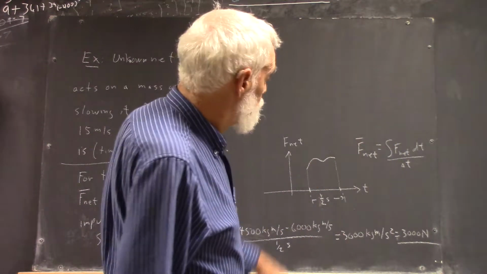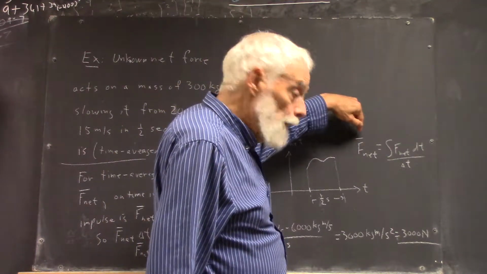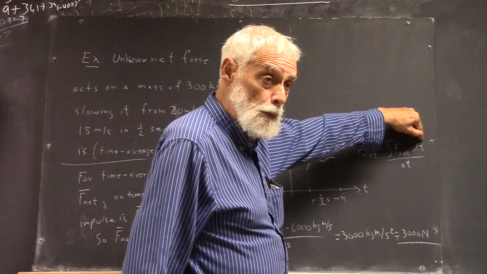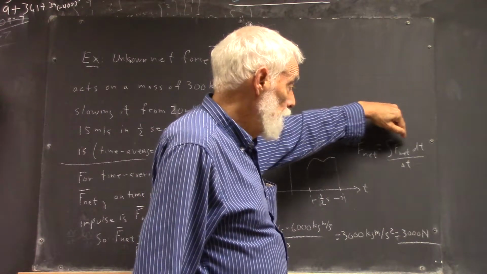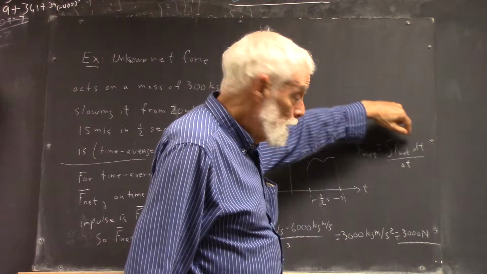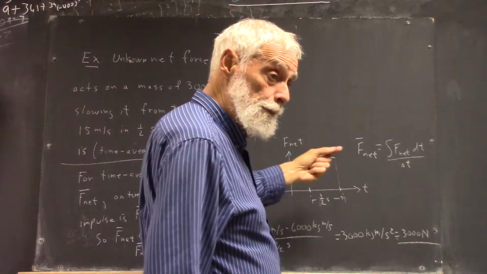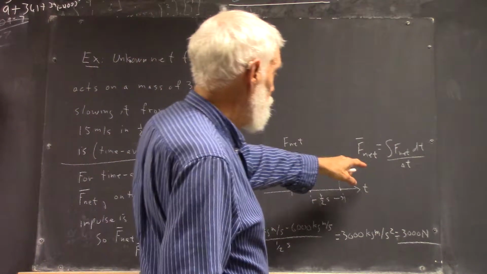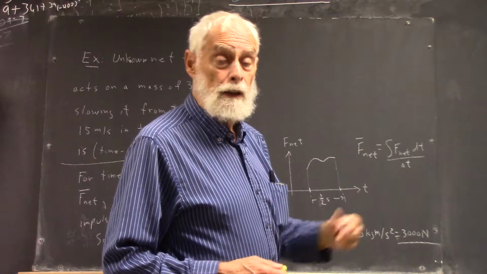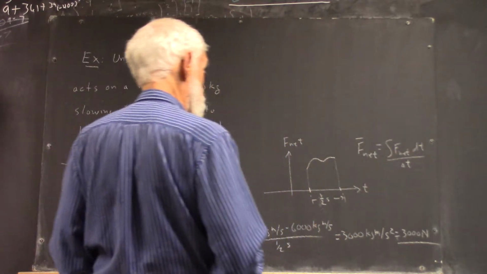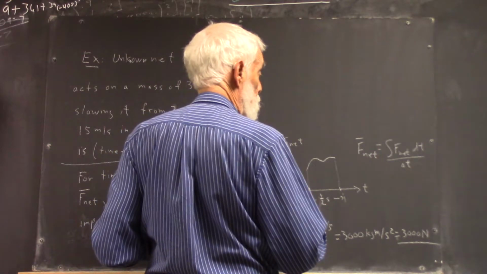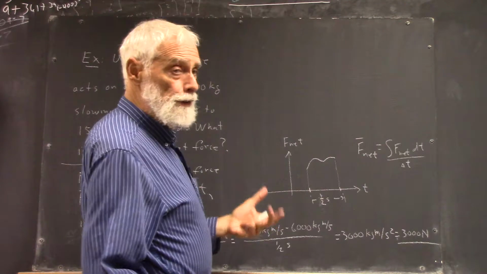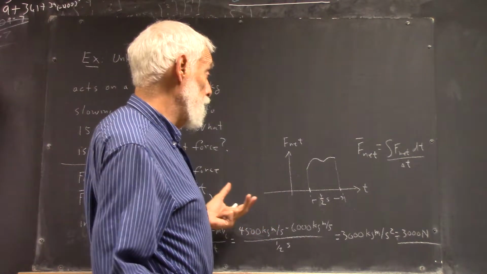That's the definition of an average value of a quantity with respect to whatever the other quantity is. The average value of F net averaged over time is the integral of F net dt over delta t. I'm being a little careless with the notation, but it's an intuitive idea that I asked you to think about and review last time we met, because it's a basic fundamental idea of calculus that people never seem to understand when they come out of a calculus course.